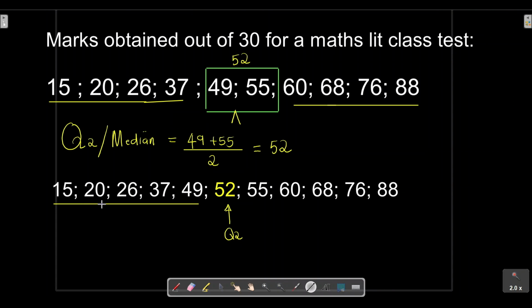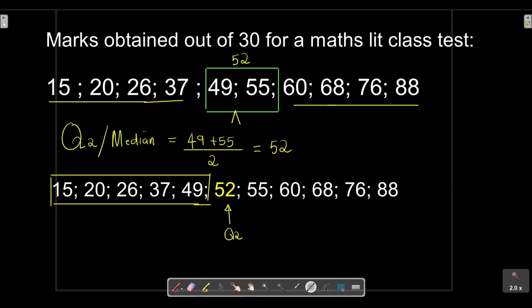So we've got 1, 2, 3, 4, 5 values. Our Q1 value is going to be a value that divides this part of our data set into 2. So what is that value?